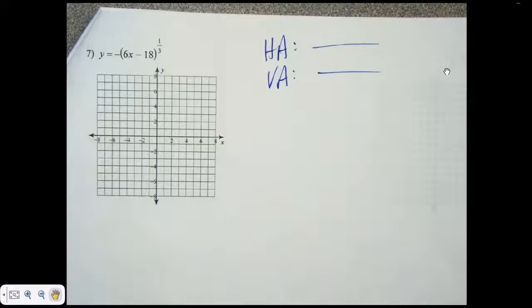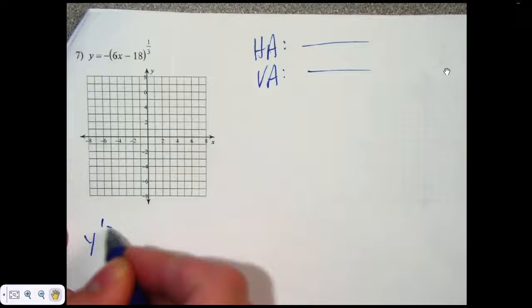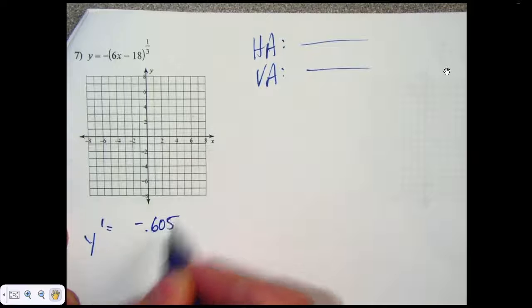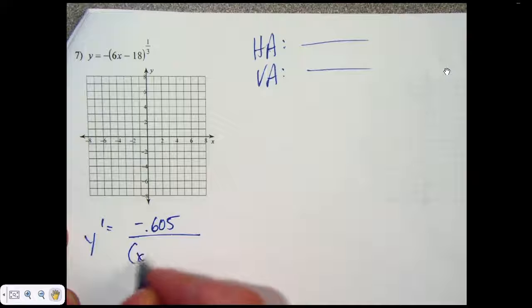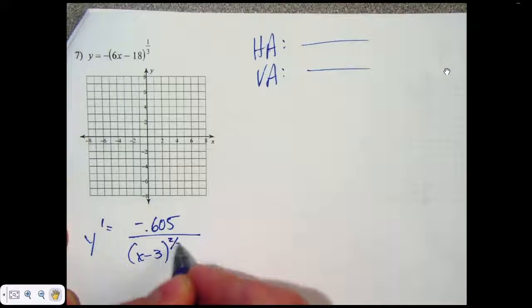For the derivative, you can do it by hand. You can go ahead and type it into your calculator, whichever you want. My derivative came out to be negative 0.605 over x minus 3 to the 2/3.